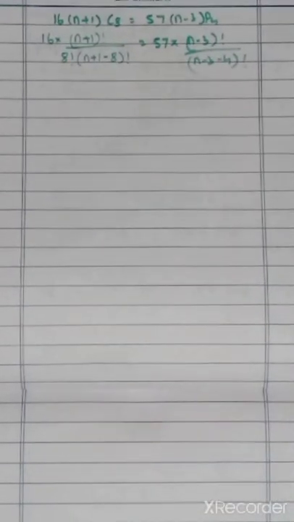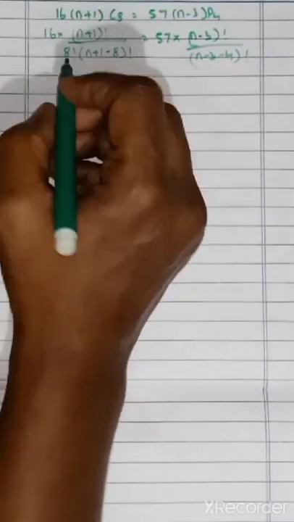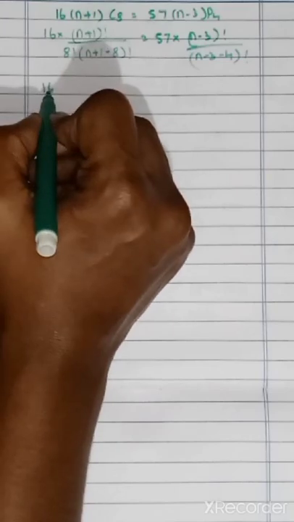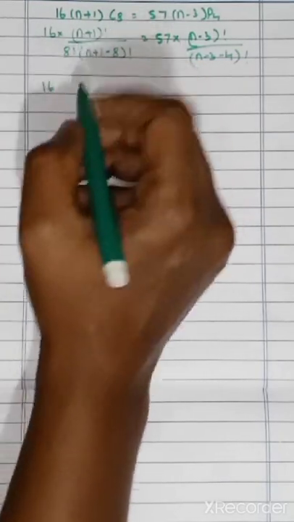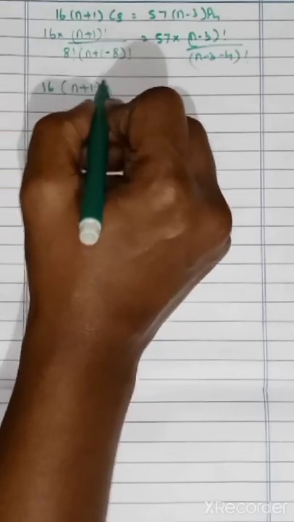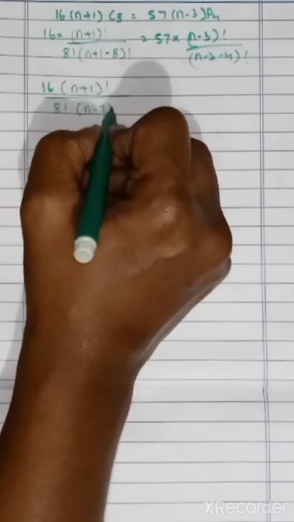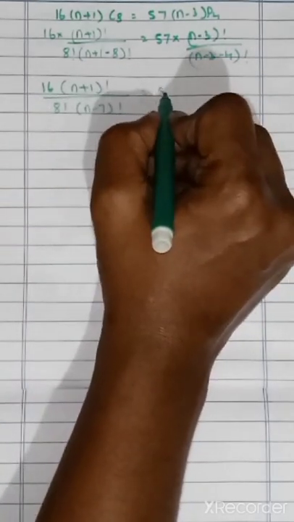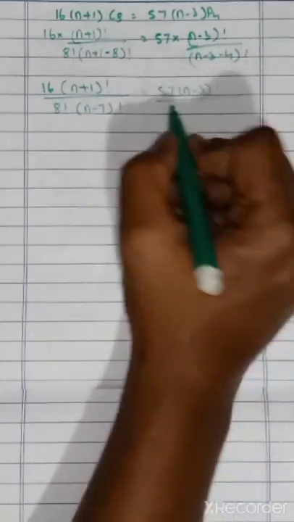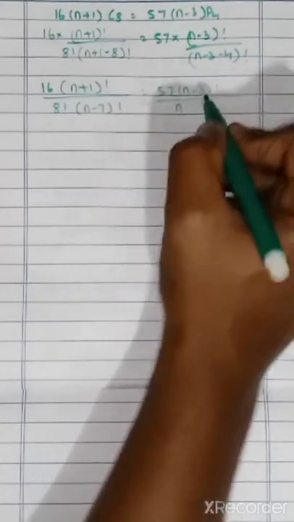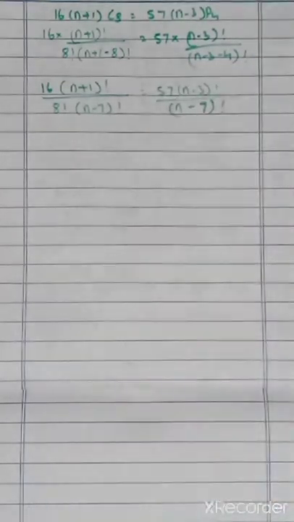Okay, so again we can write this as 16 into n plus 1 factorial by 8 factorial into n minus 7 factorial equal to 57 into n minus 3 factorial by n minus 7 factorial.